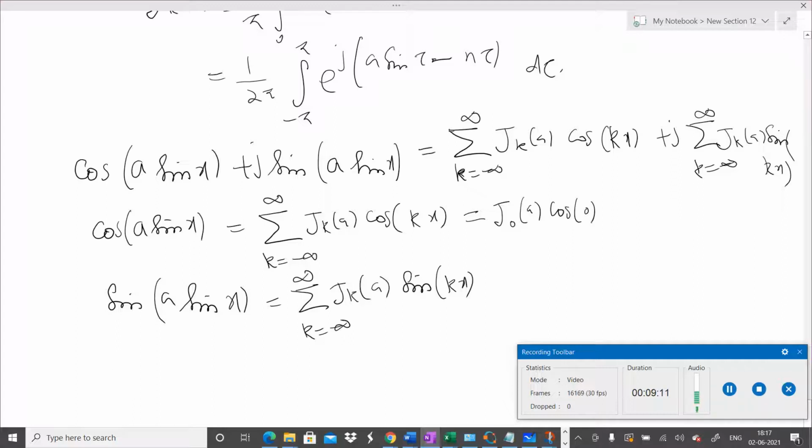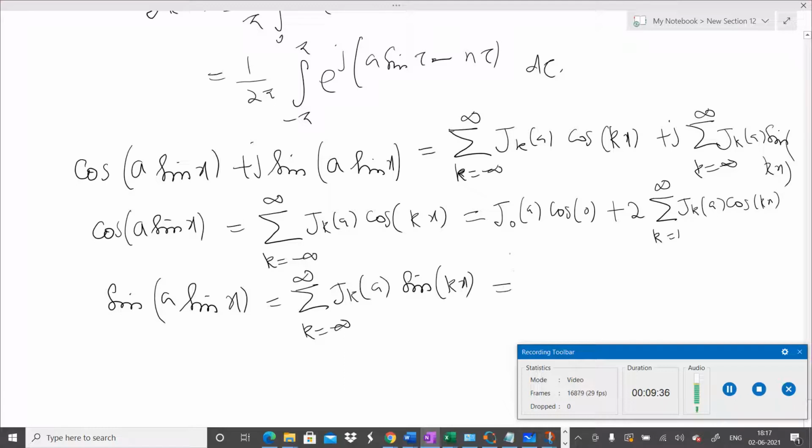Given that cos is an even function, we can write the other terms as twice the sum for k equal to 1 to infinity of J_k(a) cos of kx.